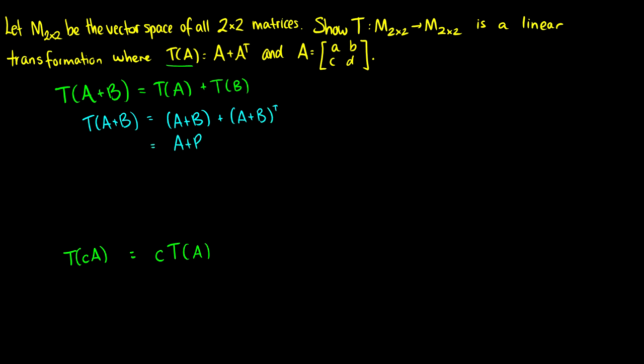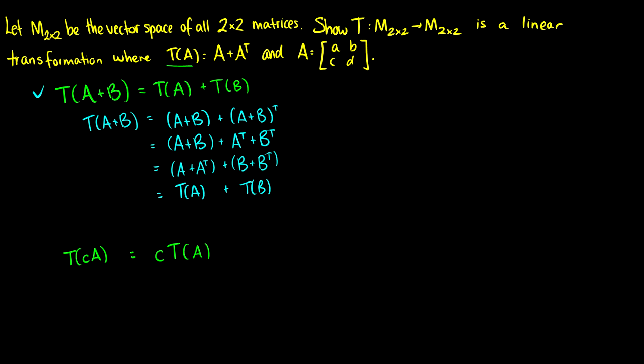We remember that when we take the transpose of two added things, we just take the transpose of each and add them together. It's going to be A transpose plus B transpose. Now let's group our A's together. So we're going to have A plus A transpose plus B plus B transpose. Oh, so this is just the transformation of A plus the transformation of B. Okay, so our first condition has been met.